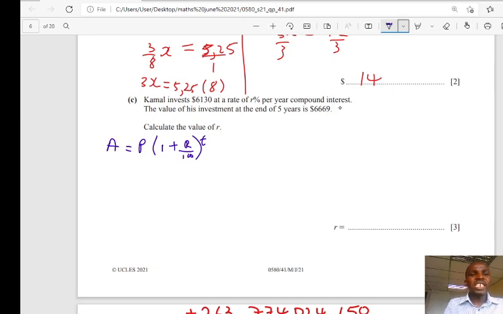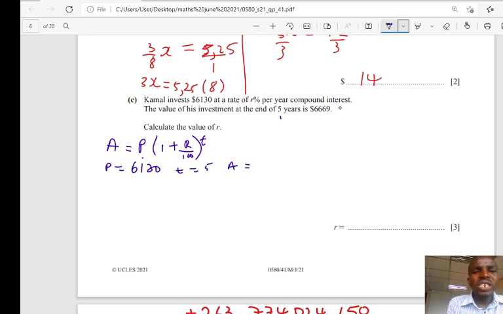So we're being told that he invests 6130. That's the amount invested, the principal. That's P here. Then R%, the value of his investment at the end of 5 years, so time T equals 5. P equals 6130, T equals 5.